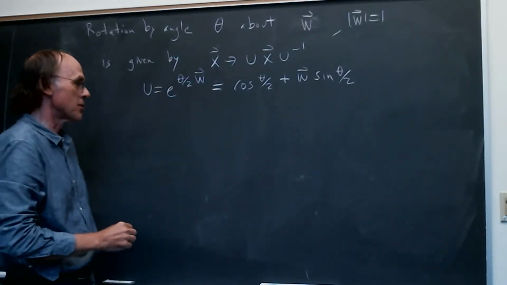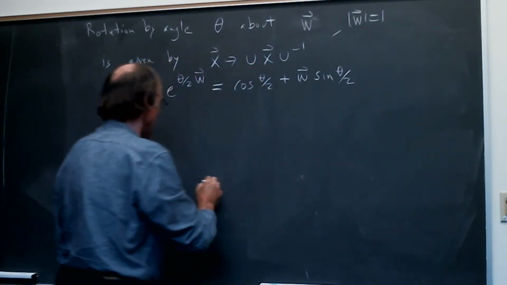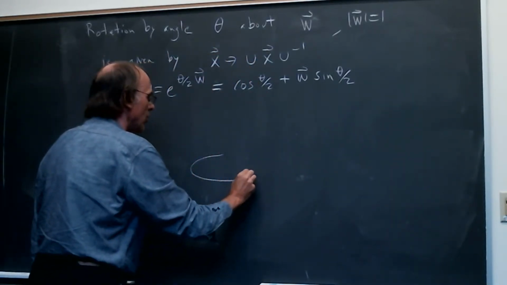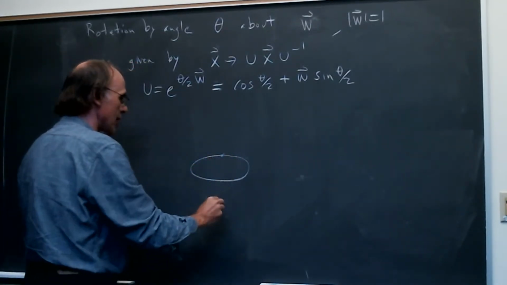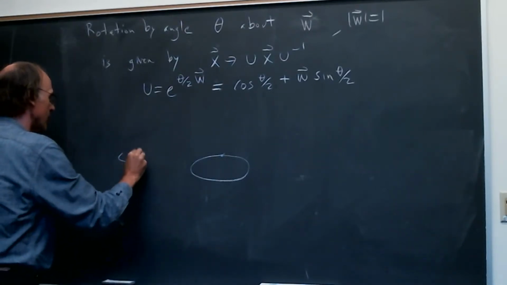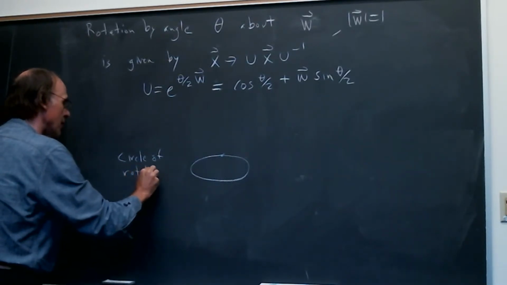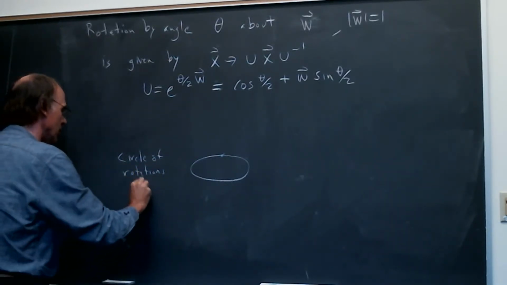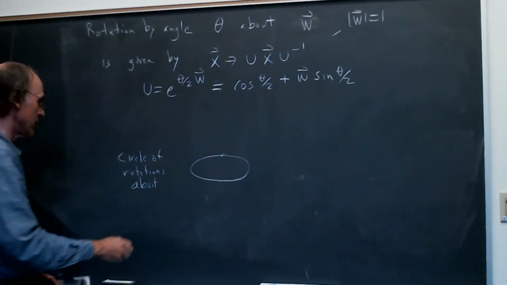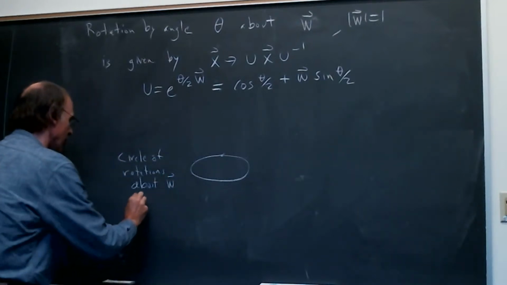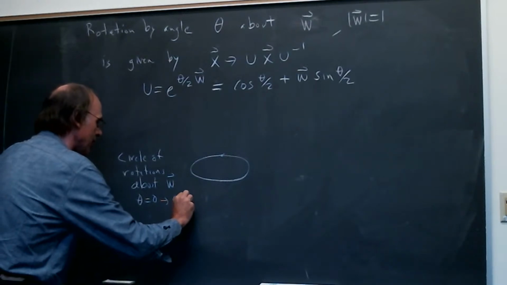So the picture of what happens is that if you go in a circle, let's say this is a circle of rotations about some axis, let's say w, starting at theta equal to 0 to theta equal to 2 pi.